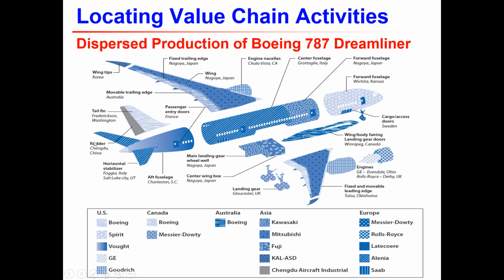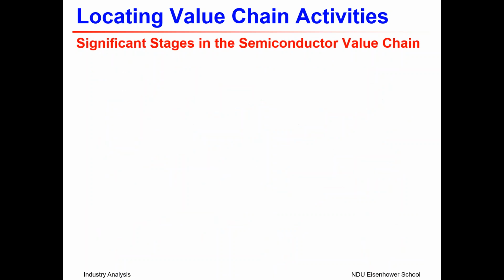It's interesting, the rudder is made in Chengdu, China, right? And of course Chengdu comes up because Chengdu is where Intel has one of their plants, right? It's an industrial park. So again, this idea of the disintegration of the value chain for any product, and that it gets globally dispersed.